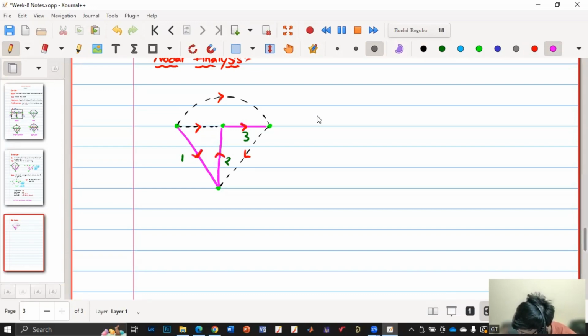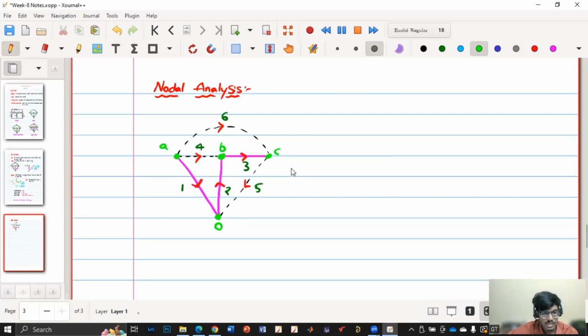And our nodes are A, B, C, and O. We'll use a dotted line for the co-tree and a normal solid line for the tree. So that is the thing.